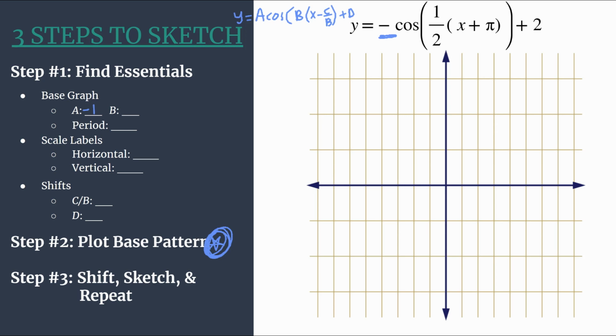Now B, we see, is the coefficient of x. It's 1/2. B tells us, firstly, how many cycles of our graph will happen between 0 and 2 pi. In this case, we'll have half a cycle in that space. And it also helps us find the period. We calculate that for cosine by doing 2 pi divided by b.